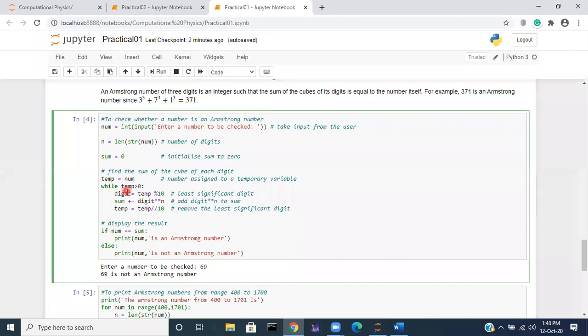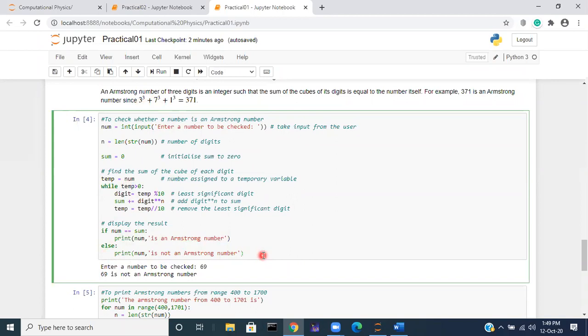So temp is 0, is temp greater than 0? No, so the while loop condition fails and we exit the while loop. Then we check the given number against the sum. If they are equal, the number is an Armstrong number, else the number is not an Armstrong number.